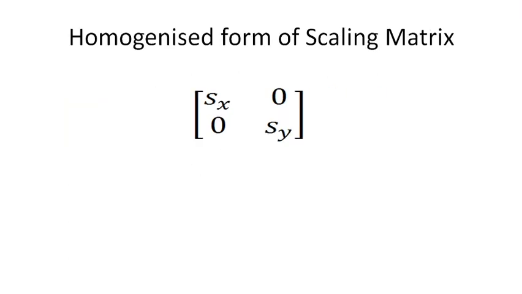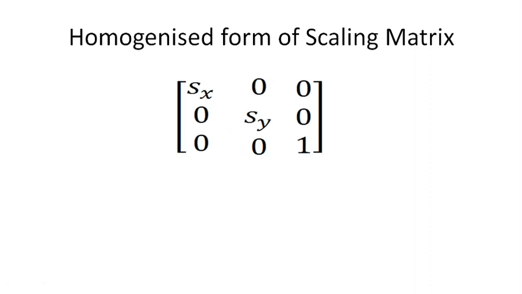Now let's move on to the scaling matrix, which is originally in this form. Sx and Sy are the diagonal elements and these are the non-diagonal elements. So it will change its form to a 3 by 3 form. The diagonal elements will remain as such, the third diagonal element will be 1, and the padding non-diagonal elements will be 0.